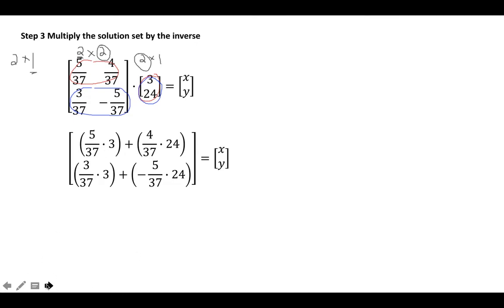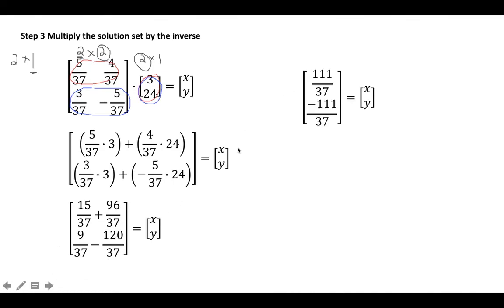So 5 over 37 times 3 will give me 15 over 37. 4 over 37 times 24 would give me 96 over 37. 3 over 37 times 3 would give me 9 over 37. Negative 5 over 37 times 24 will give me negative 120 over 37. I will simplify a little bit more by adding and subtracting.